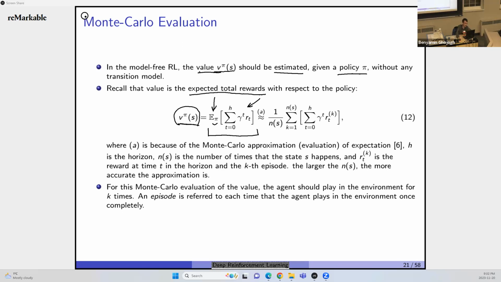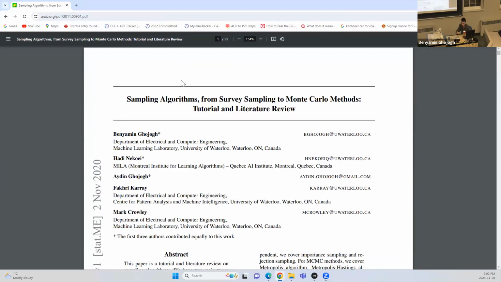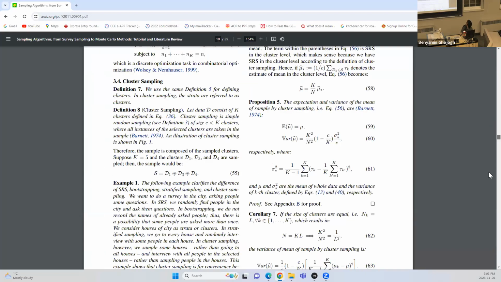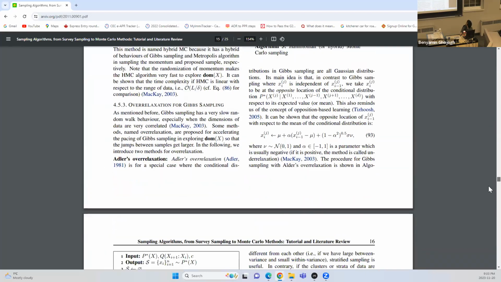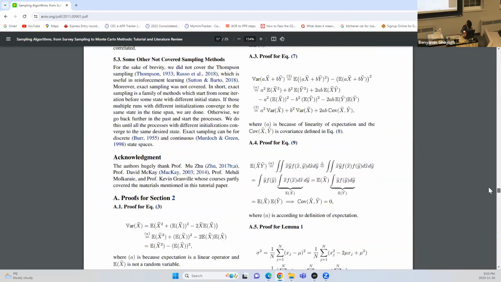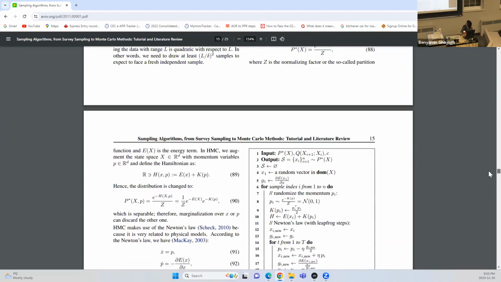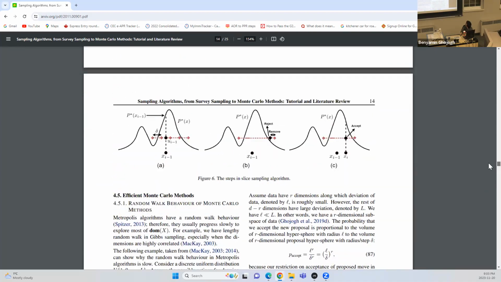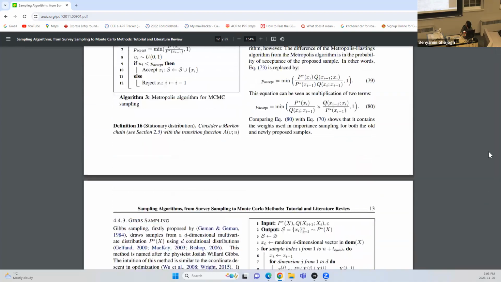What is Monte Carlo approximation? Again, if you see this tutorial paper, where was that? Give me a second to find it.